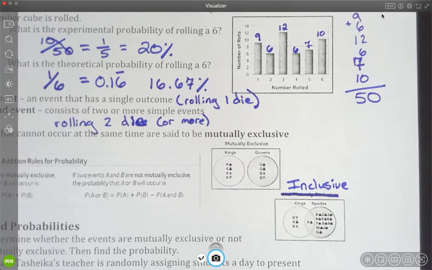Okay? So, scenario here. Can you be a junior and a senior at the same time? So what are those? Exclusive or inclusive? Exclusive, right? They exclude each other. There's nobody that is both a junior and a senior at the same time.